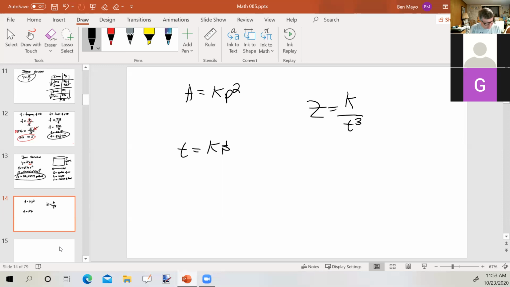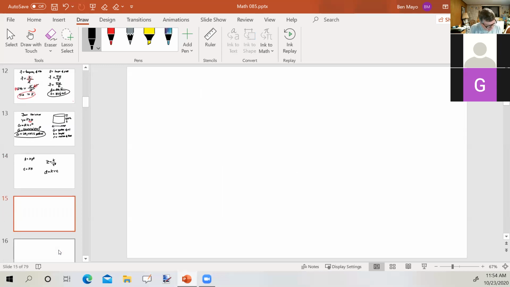All right. How about this one? D varies jointly as R and T. So you've got direct variation, inverse variation, and joint variation. Now, how about this one?